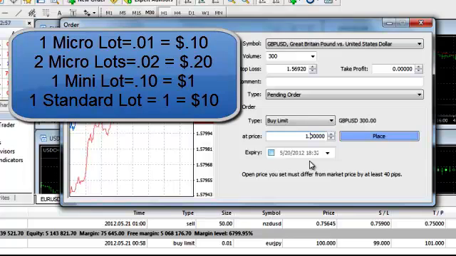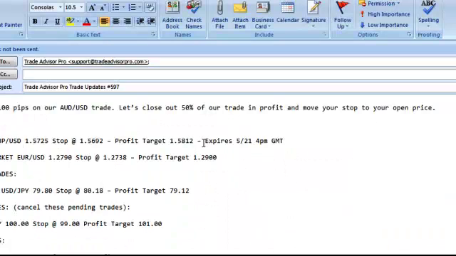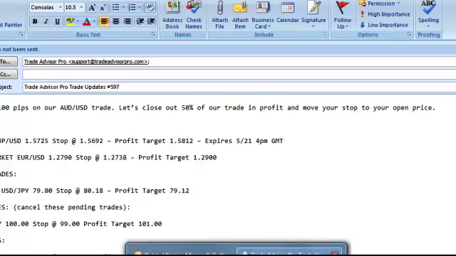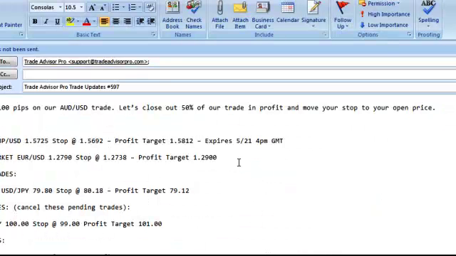So 1.5725. Our stop loss is 1.5692, and our profit target, or your take profit, is 1.5812. That's what we're looking for to pull our profit. Now, in this order, we happen to have an expiration date.